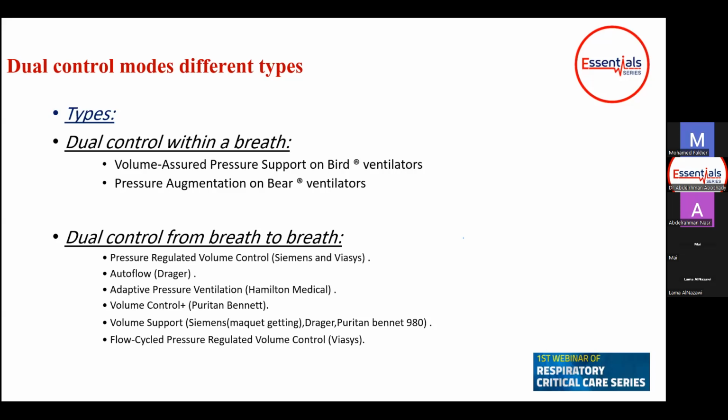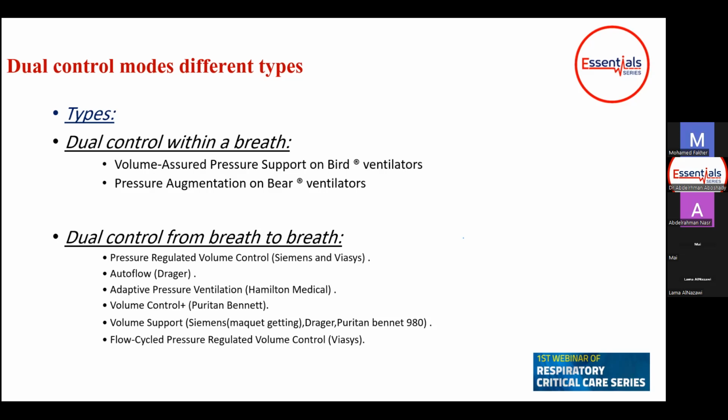But other dual control modes do not calculate the compliance in the same breath. It just gives the pressure limit, let's say a pressure limit of 20 and a tidal volume needed of 500 ml. If the pressure limit of 20 does not achieve the 500 ml, in the next breath the pressure limit will rise by 3 centimeters of water to achieve the target tidal volume.